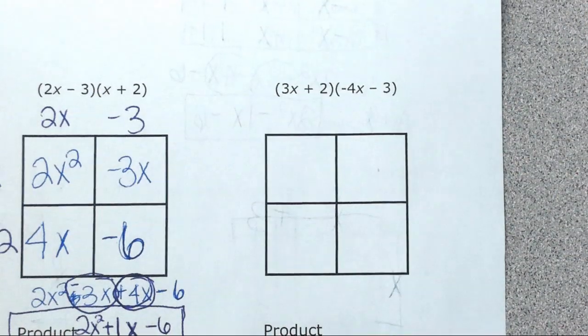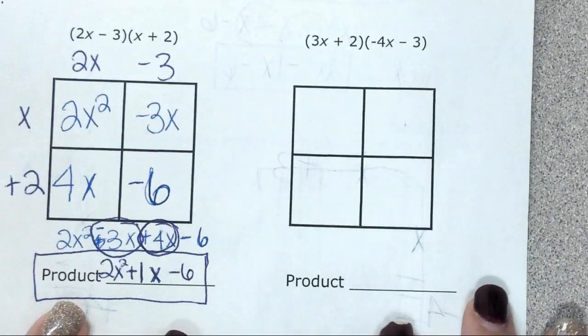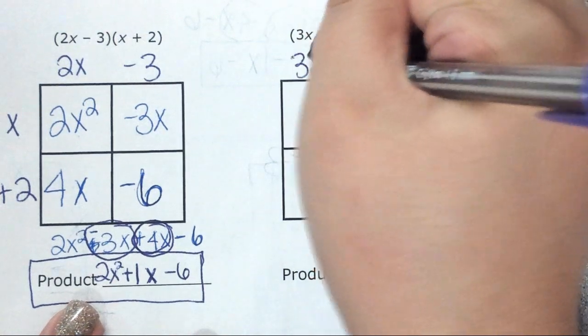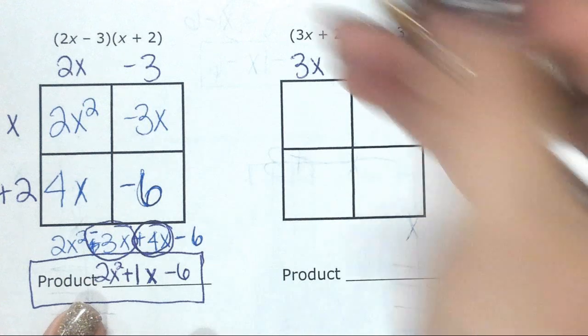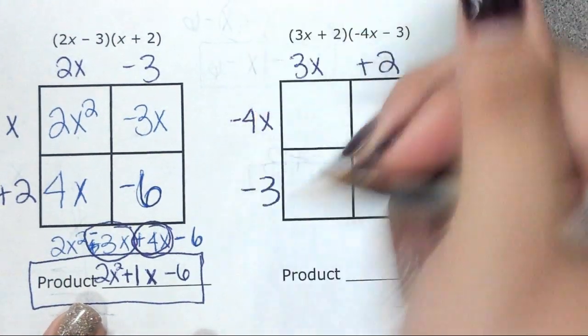All right, last one, and then you are going to go off on your own or work with a partner. All right, last one, 3x plus 2 and negative 4x minus 3.